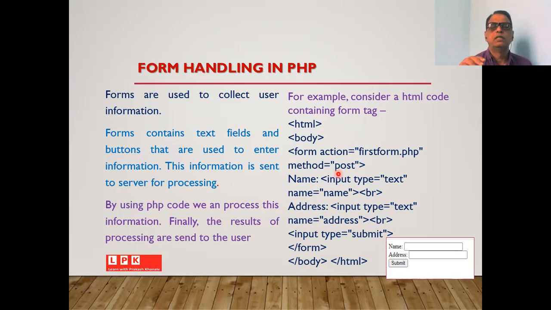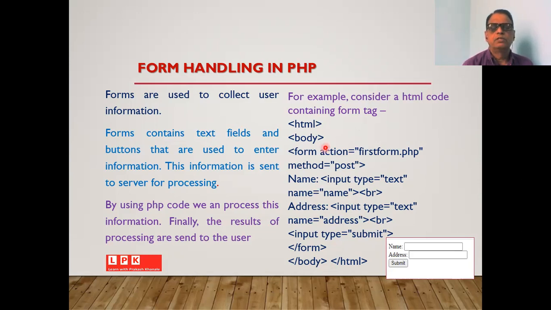So there are two methods. Either you can use the post method or you can use the get method. Suppose we are using information such as name and address, and we will add a button such as a submit button, and then we will close the form, and we will close the body of the HTML and the HTML code itself.